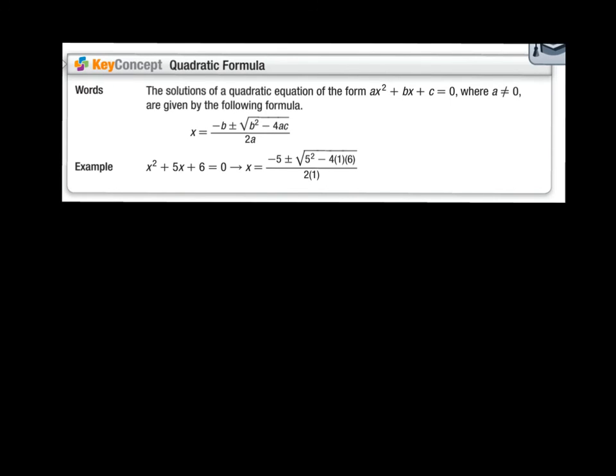So if you just memorize this right here, super important that you memorize this, or find a little song or something to help you remember this, because it is very helpful if you forget how to factor or if you aren't doing something correctly. This is super helpful. So we're going to practice with this formula tomorrow, and we're going to practice with finding complex number solutions, so our imaginary solutions.